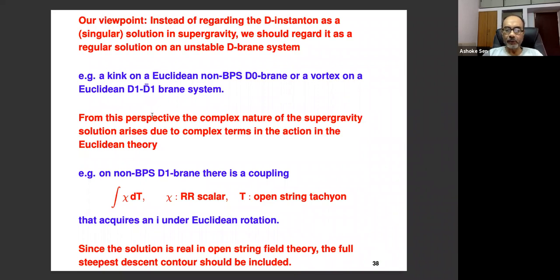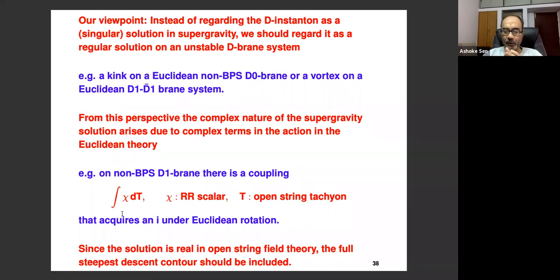The reason it looks like a complex solution from the closed string perspective is that on these non-BPS branes there are couplings which become imaginary when you do a Euclidean rotation. They are perfectly real couplings in Lorentzian space, but they become imaginary when you Wick rotate.